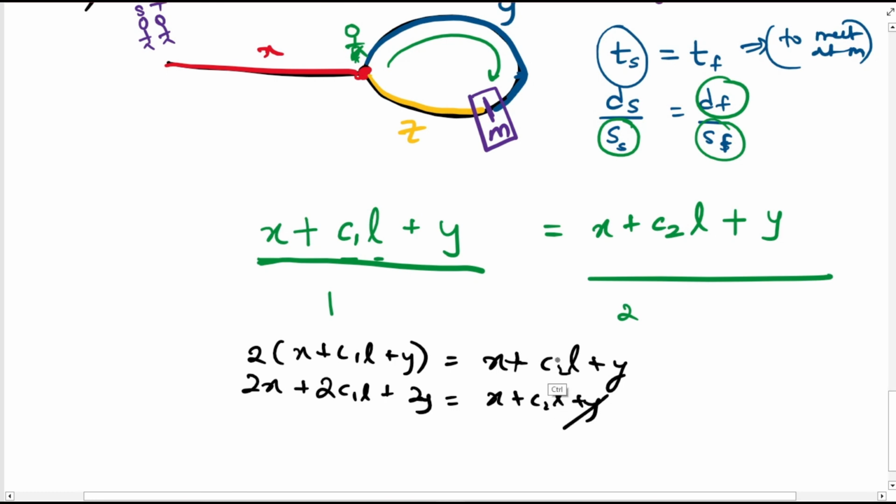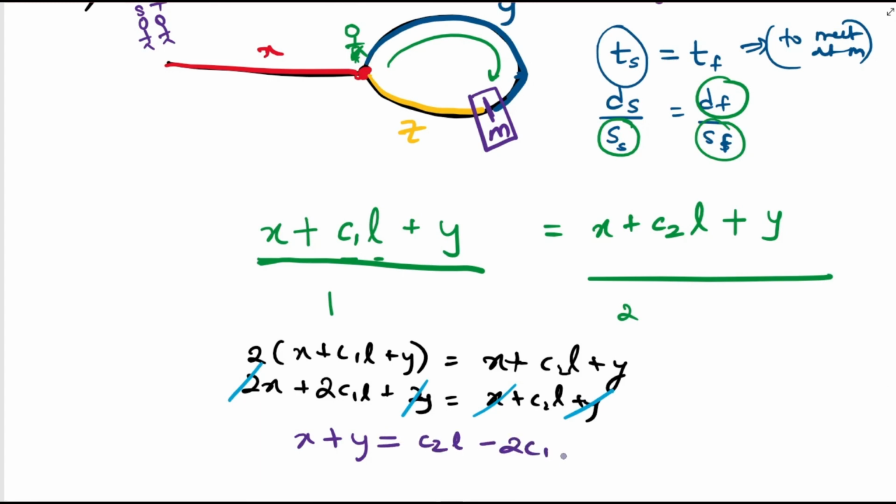The y would get cancelled from one side, and here 1, 2 will be cancelled. x and x, right? So finally what you get is x plus y is equal to c2L minus 2c1L.